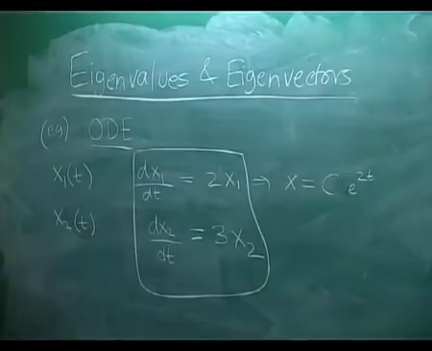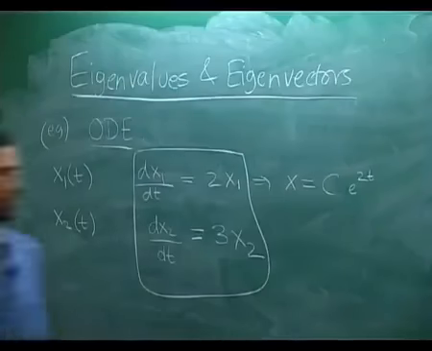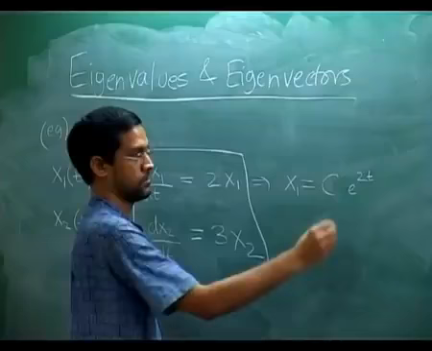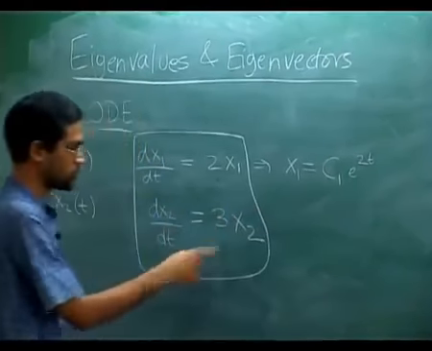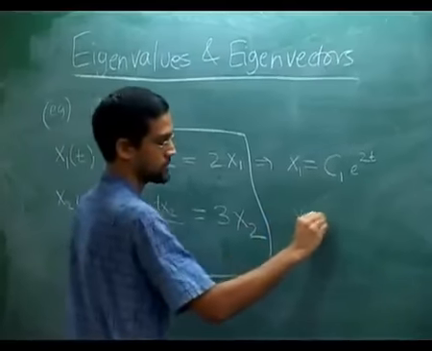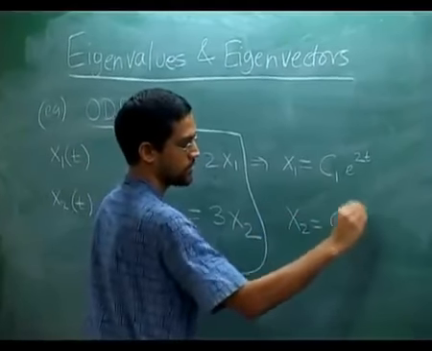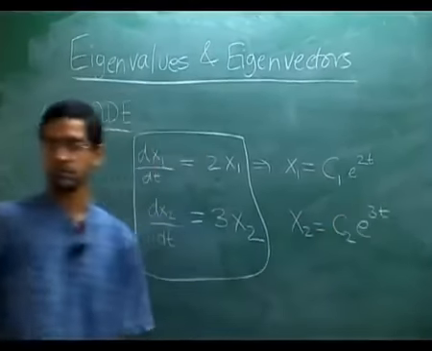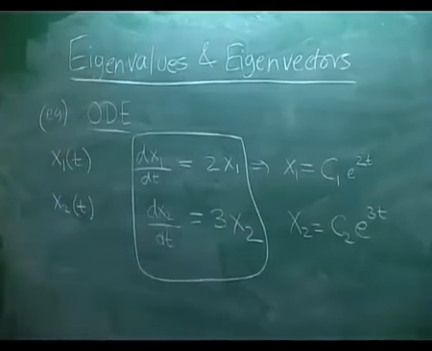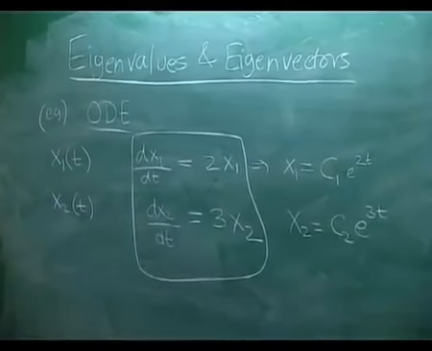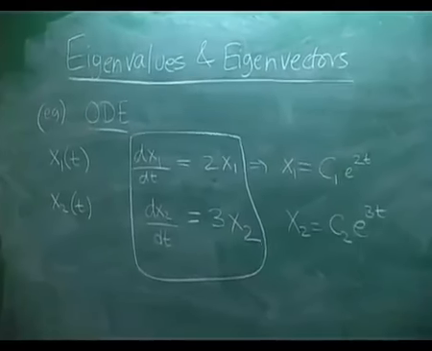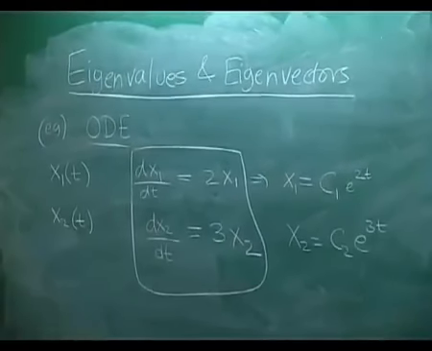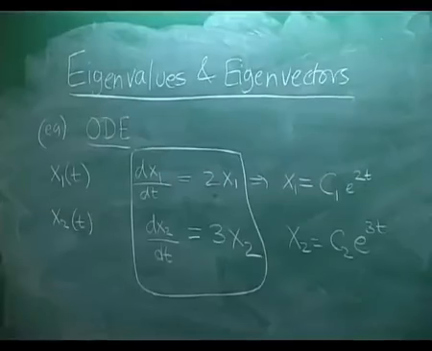So what is the solution to this system of equations? What is x1? Some constant times e to the 2t. x2, well, it is some other constant times e to the 3t, right? So even though I said it is really a system of equations, we are just solving it by treating each equation as a separate system.